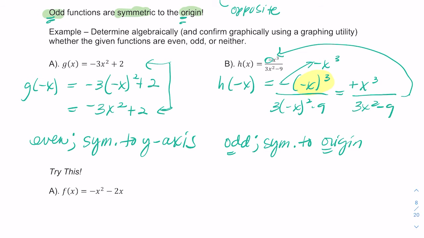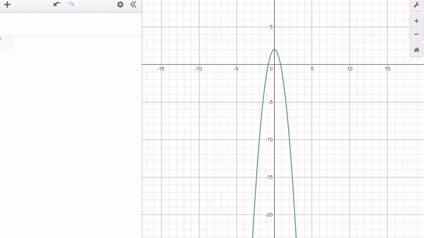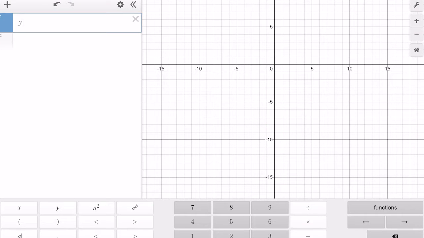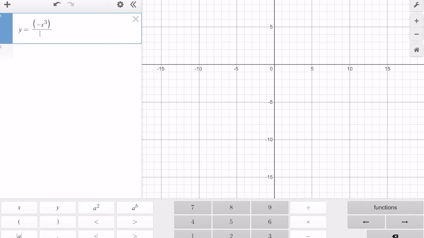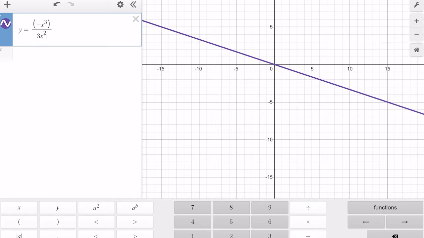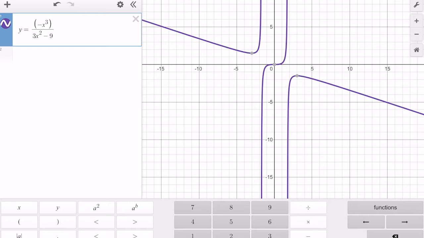If I plug in this function so you can look at it, y equals negative x cubed divided by 3x squared minus 9, you can see that it's the same exact function.